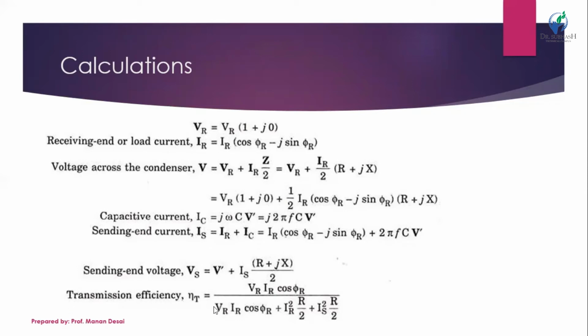Okay, and transmission efficiency is output upon input. Output is VR IR cos phi R. Input is output plus losses. So output is VR IR cos phi R, and these are the losses, the IR losses.